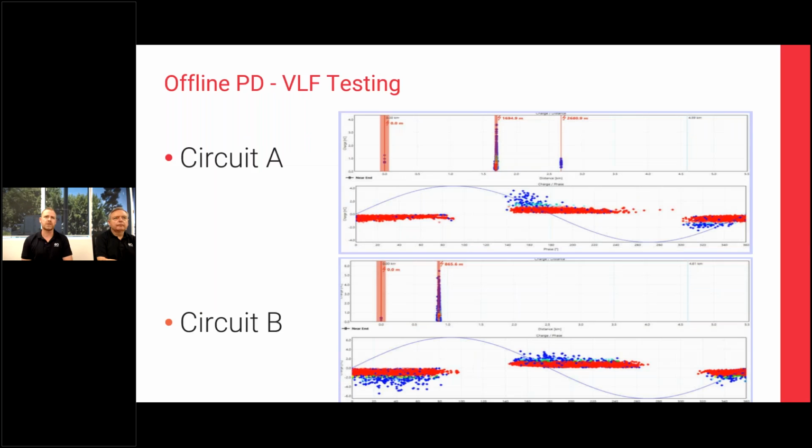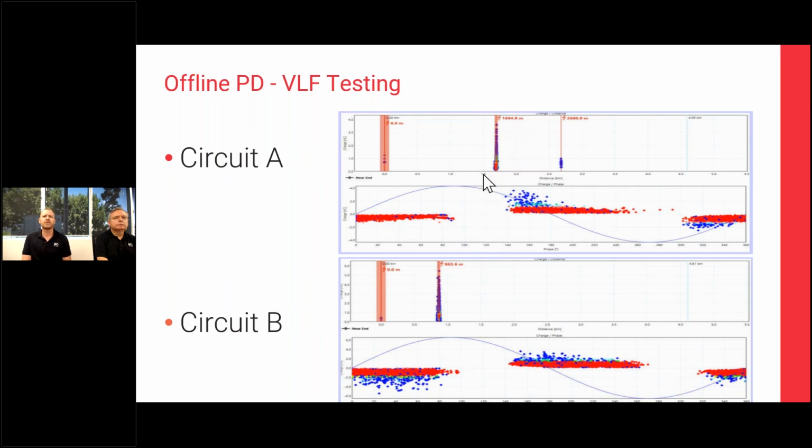Next slide. Then we did some offline VLF testing. We advised the customer to shut down the cable and run some VLF tests to confirm whether there was actually PD at those sites, which we were already confident there was. So we took the cables offline and ran VLF tests.